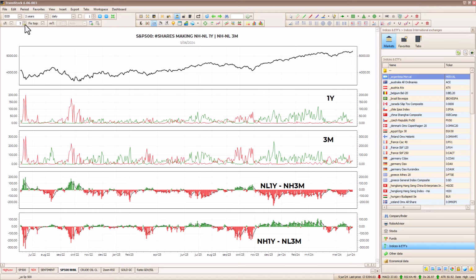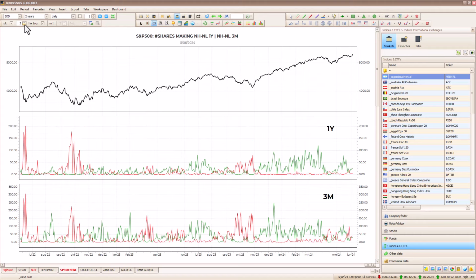I will reduce the number of visible inner windows to 3. From November till April 2024, we see a relatively flat red line.